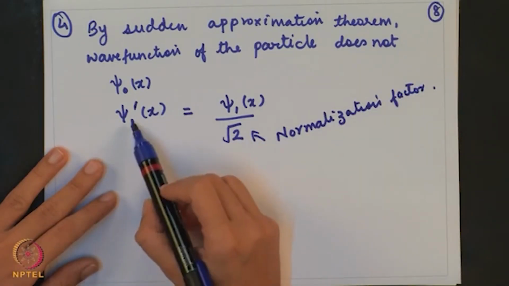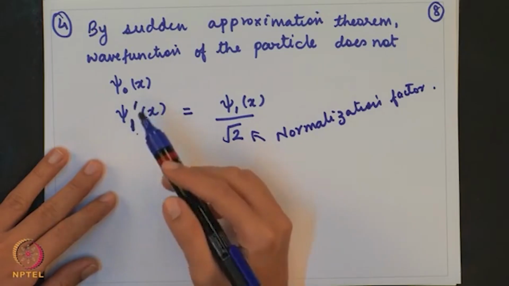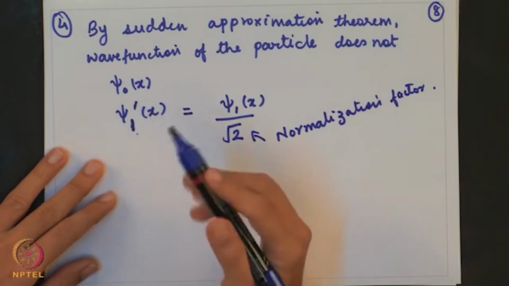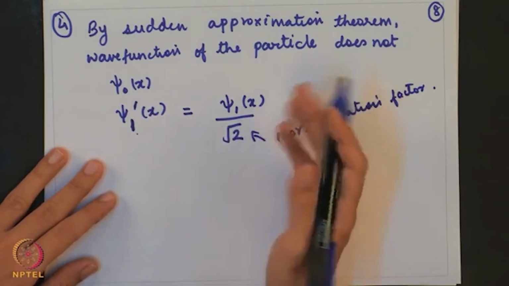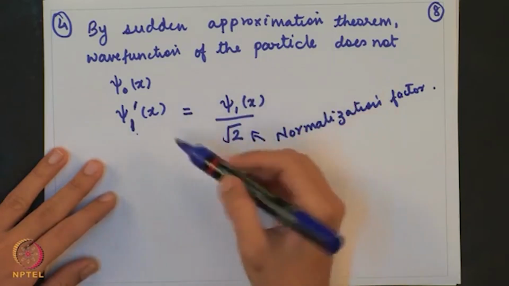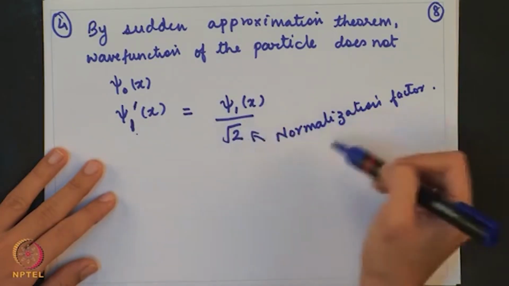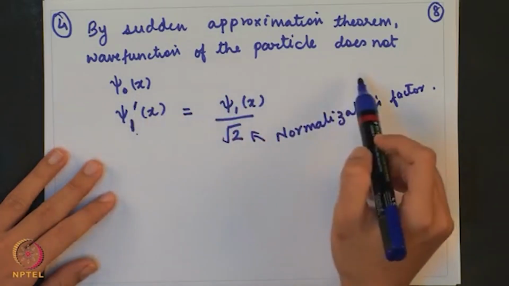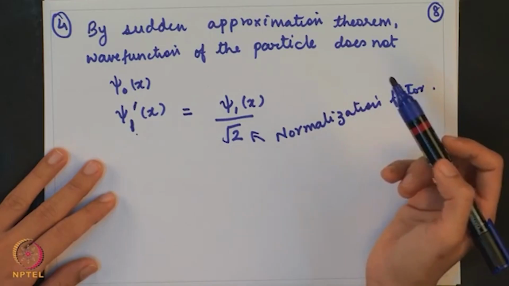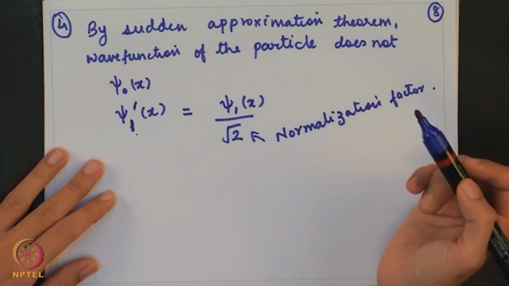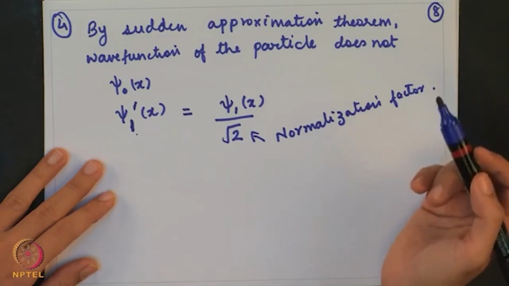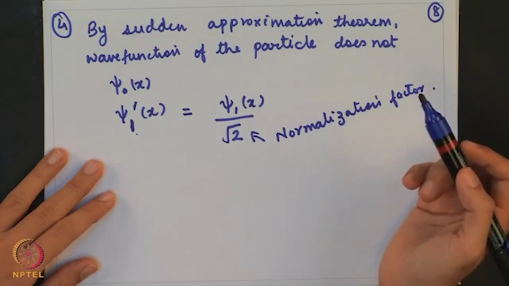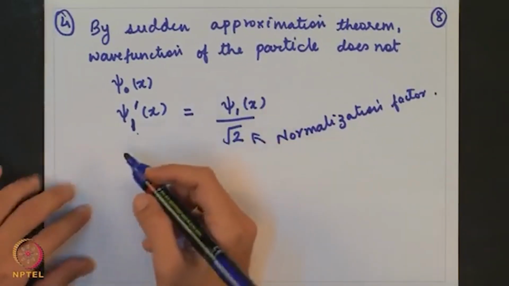So, the new wave function is nothing but the old wave function, which is normalized. Let us see what happens to the probability of finding the particle in the ground state for this new wave function.